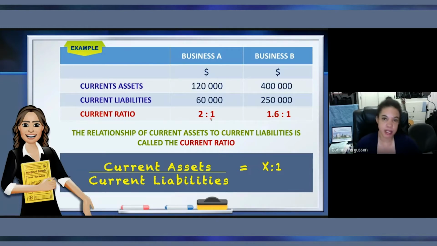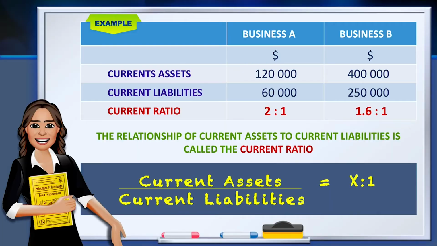But it depends on the business and the industry and all that. But this is the generally acceptable ratio. So what you would see is that business A meets that ratio, but business B falls below the 2 to 1, which means that they might look at business B and say you have a little issue there, or you have to look at your liquidity.